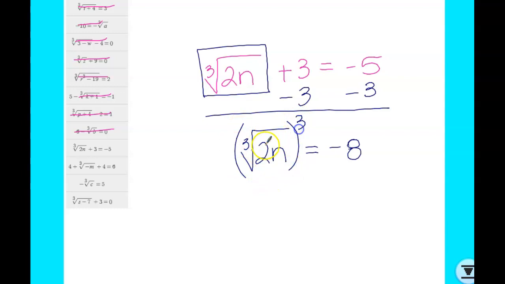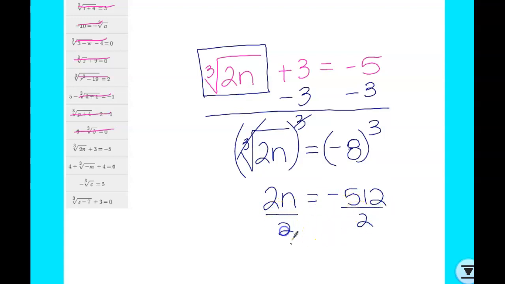And we're going to cube this so that we can get rid of the cube root. They're inverse operations. So 2n is equal to negative 512. And then we're going to divide both sides by 2. So n is equal to negative 256.